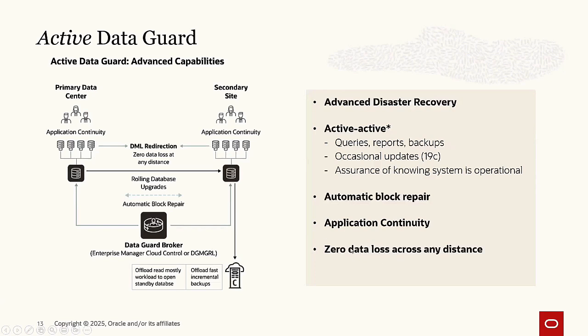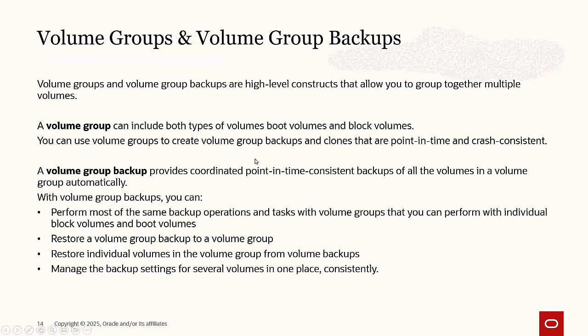So that's basically what happens here with our Data Guard as well. For zero data loss, you get a handshake that yes, I did receive it. Yes, I did get it. Now I can move on. So it gives you a lot of capability.